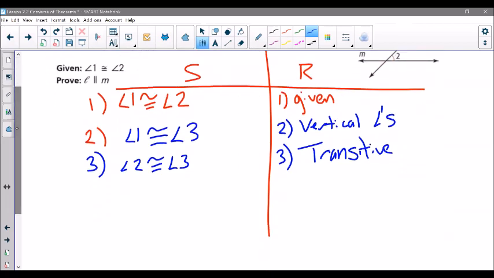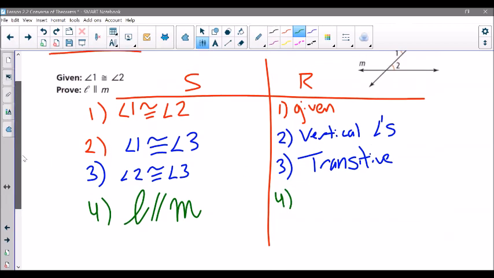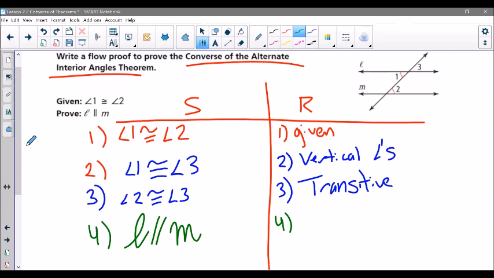So now I think we have it. We can say L is parallel to M. And how do we know that? Well, we know that by the converse of the corresponding angles theorem. We know that 2 and 3 are corresponding angles, and since they are congruent, L and M are parallel.